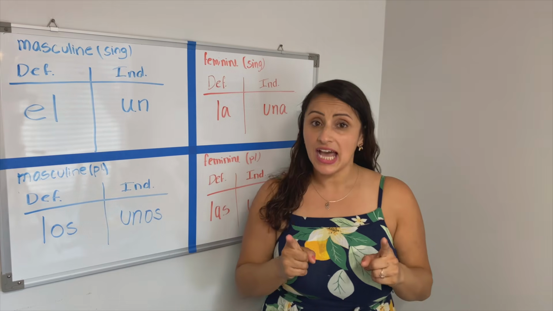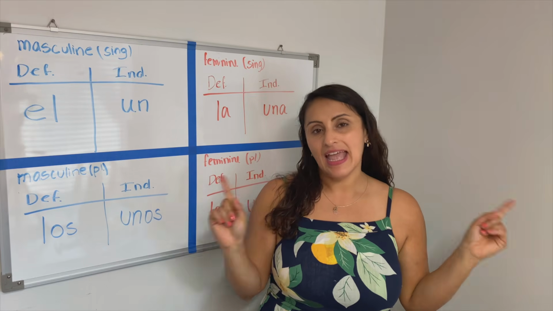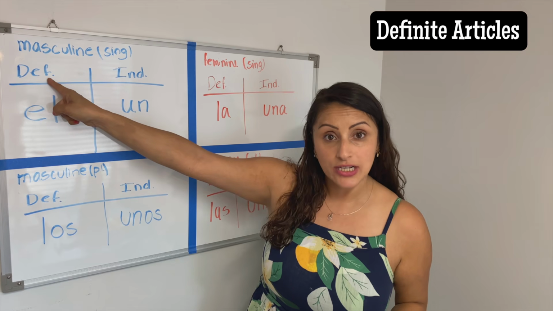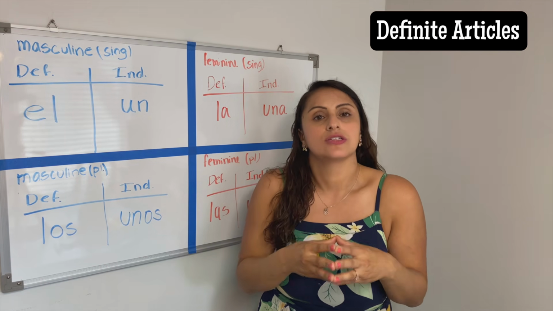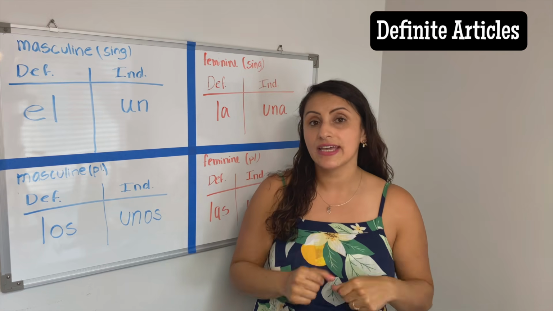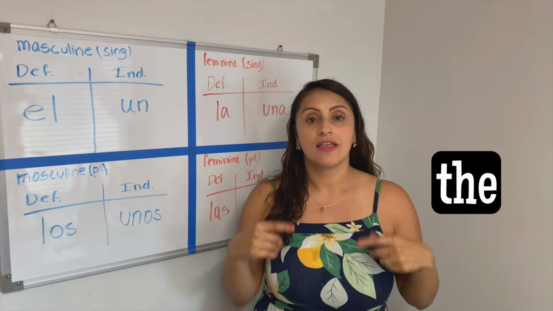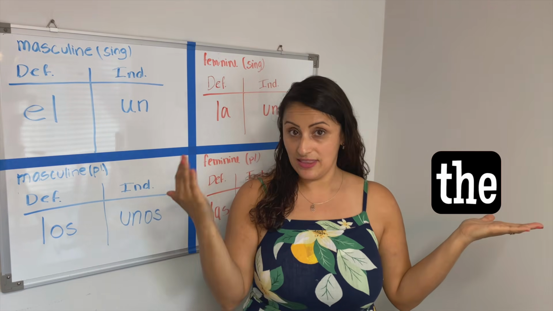So let's do a quick review of everything that we just covered. We talked about nouns being masculine and feminine, and how to make them plural. Then we talked about definite articles, which are very specific about whatever thing you're talking about. And all you're doing is saying the car, the bike, the. It could also be plural, the bikes and the cars.